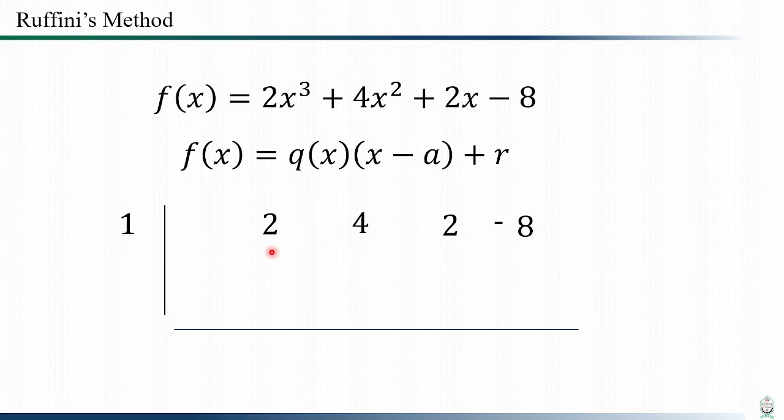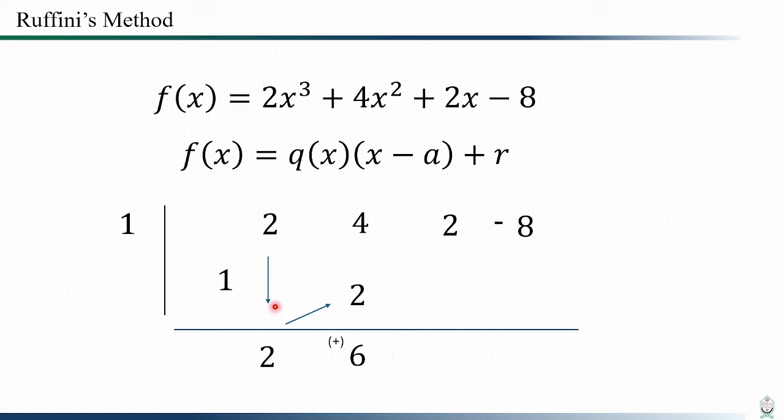From here, the value of 2 will drop down here, and this 1 has come from, as we have said, that we will divide the function by x minus a, so sorry, x minus 1. For that reason we have taken a 1 here. Now the next step is we will multiply 1 with 2 and set the value here, and then we will add these two terms. That gives us 6.